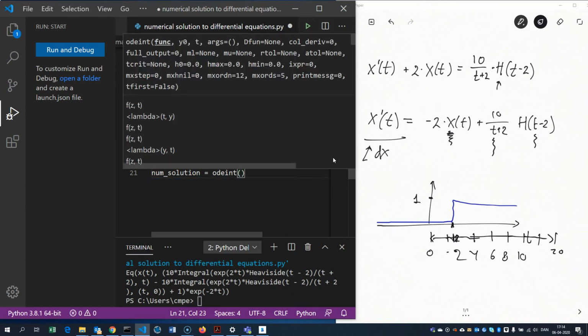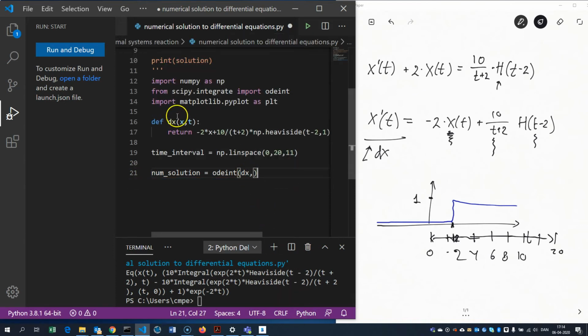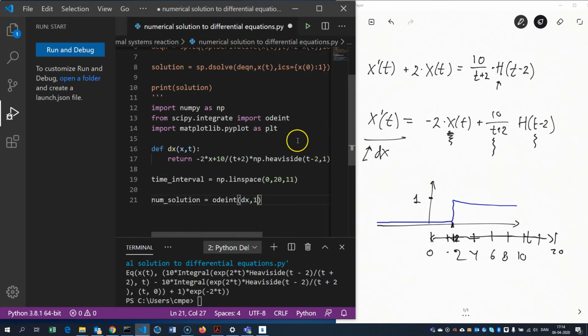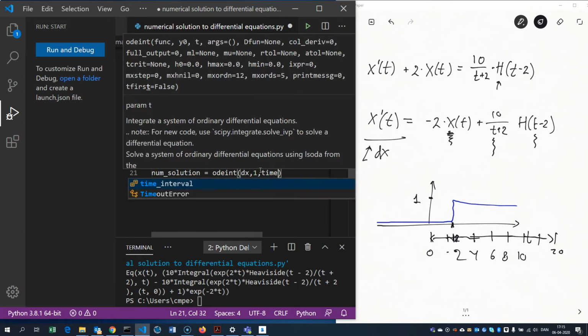I need to give the solver the differential equation, dx. So I pass a reference to my function up here. And also I need the starting value of my solution. That's 1, the same as we used up here. And then the time interval that I defined, like that.